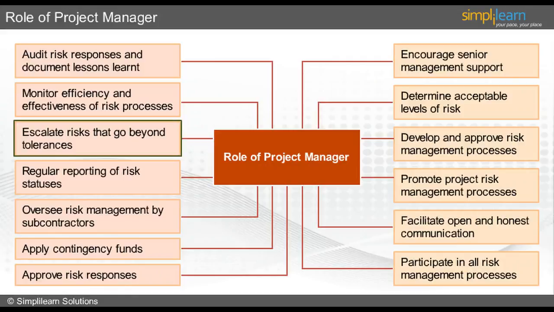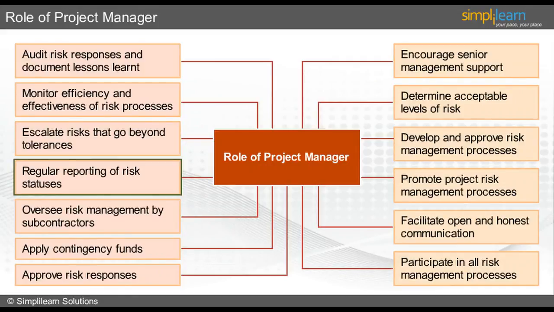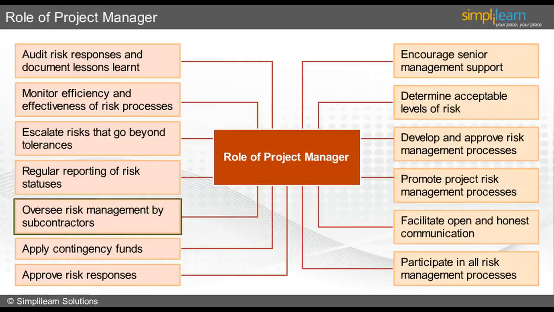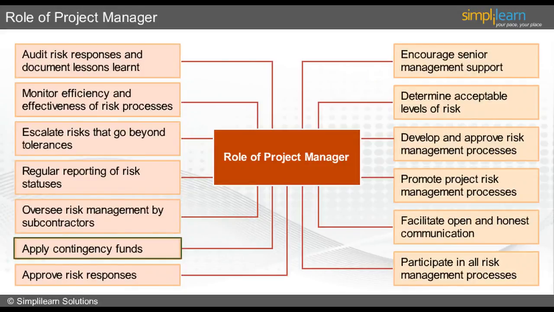Overseeing risk management by subcontractors, applying reserves like contingency funds to deal with identified risks. And finally, approving the risk responses and actions for implementation. Depending on the size of the project and nature of risks, a project manager can take support of risk managers to manage risks. With this, we've come to the end of Lesson 3. Let us summarize this lesson in the following slide.